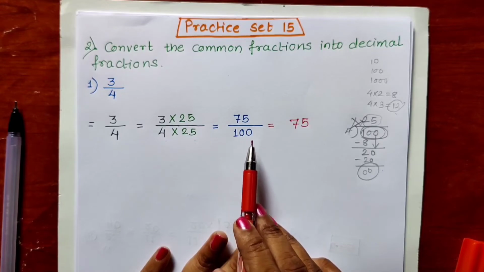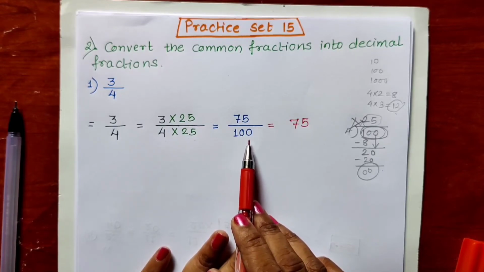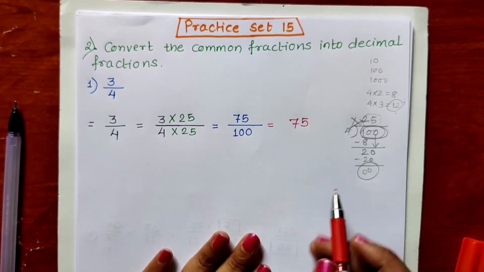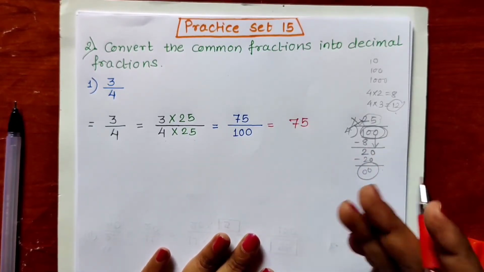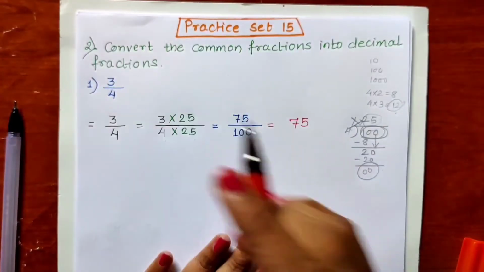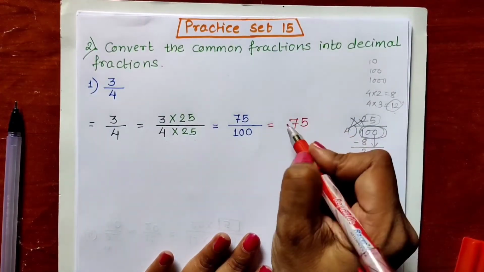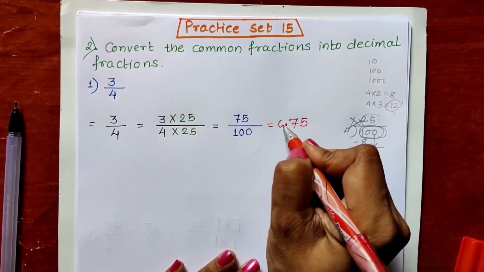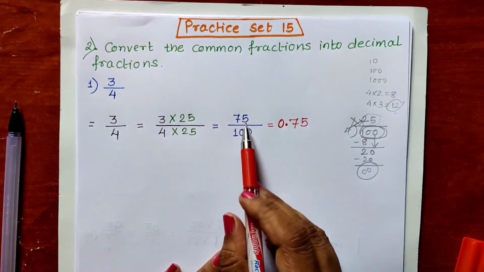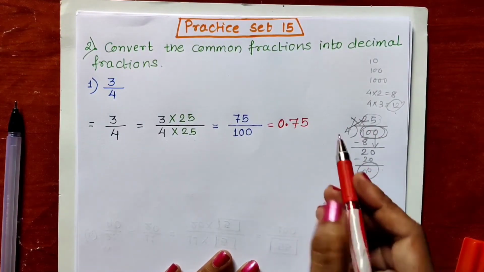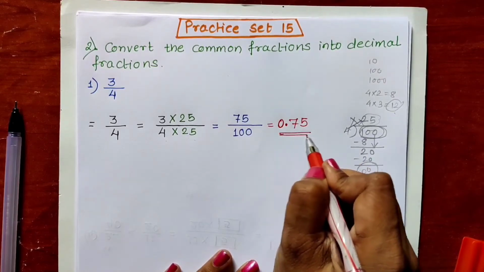So in the answer, the decimal point should be placed 2 digits from right to left. We have to count from right to left. So 1, 2 and put a decimal point. Nothing is there, so we can put 0. So 75 upon 100 means 0.75. In this way, you have to write the answer.